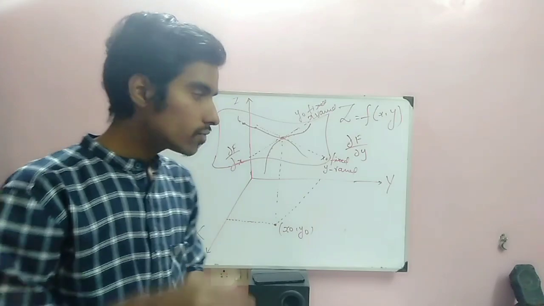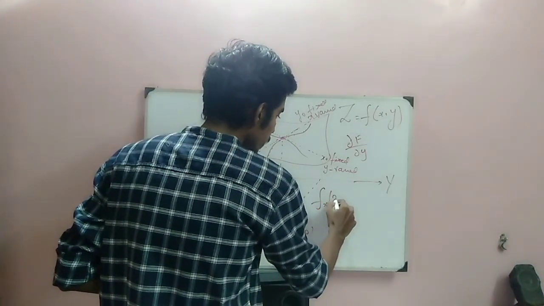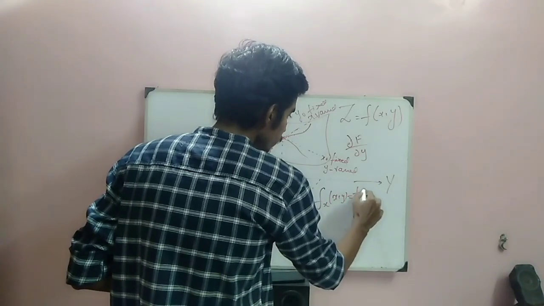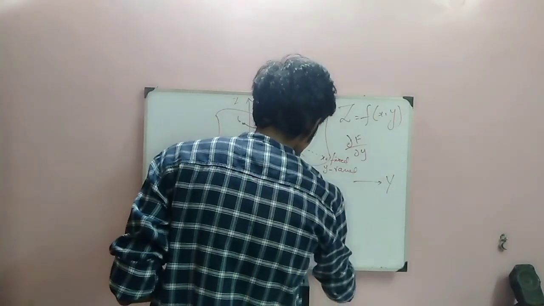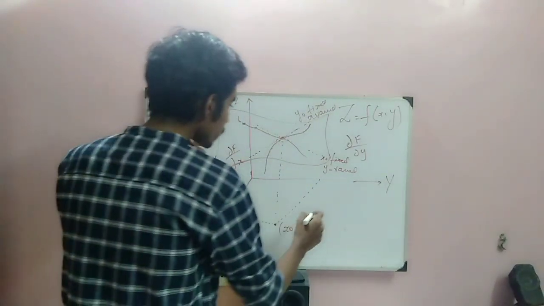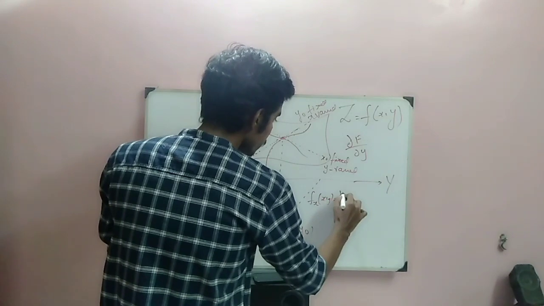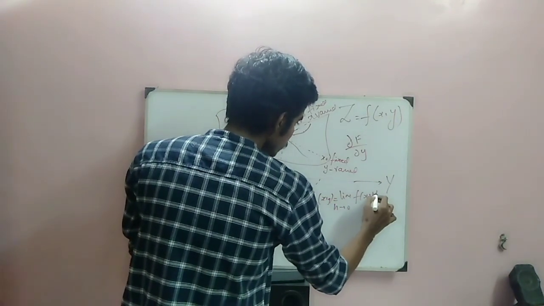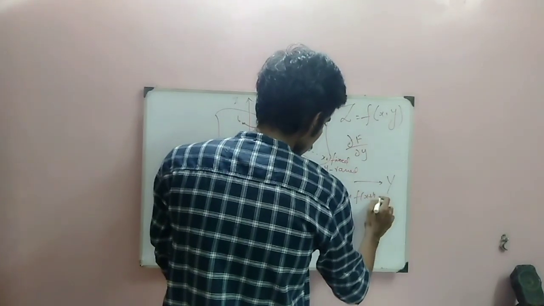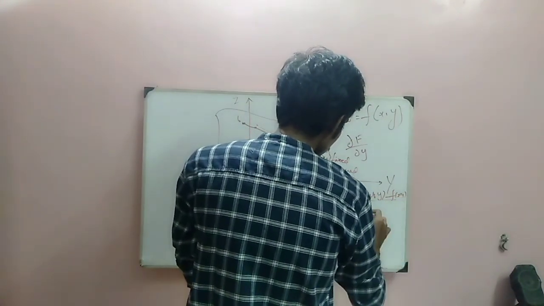In that video I gave a formula: fx of x, y is the limit as h tends to 0 of f of x plus h, y minus f of x, y, divided by h.